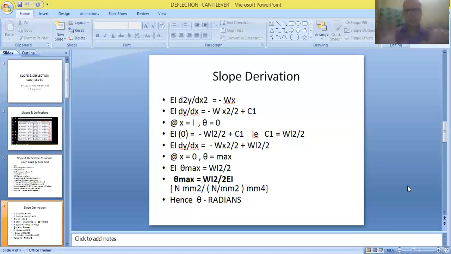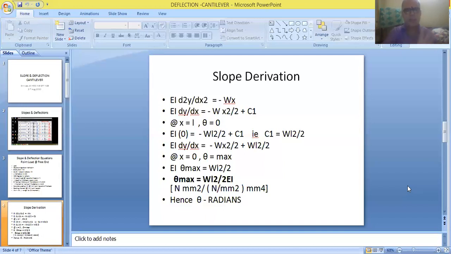Friends, it is very difficult to remember all these formulas. So using fundamentals and these methodologies, you should be in a position to derive the correct equations in the examinations. Then we can use these equations to solve the problem, and you will be in a position to get correct results in the examination.